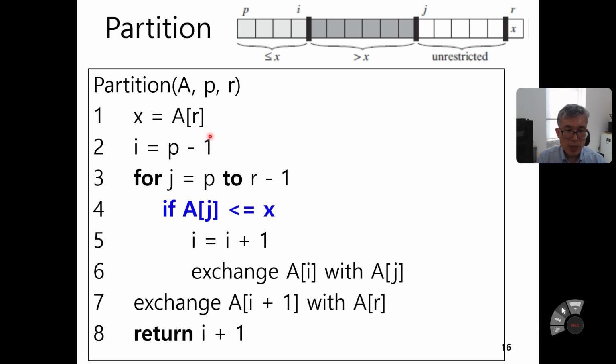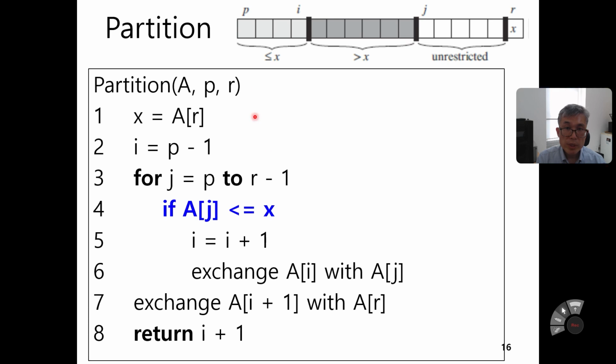Okay, in the divide case, we can divide into two partitions using this. The idea of this algorithm is that we select the pivot as the rightmost item, at index R, and I is the end of the first partition, initialized to P minus 1. And then J is, you can see, the first index of the unrestricted part, okay?